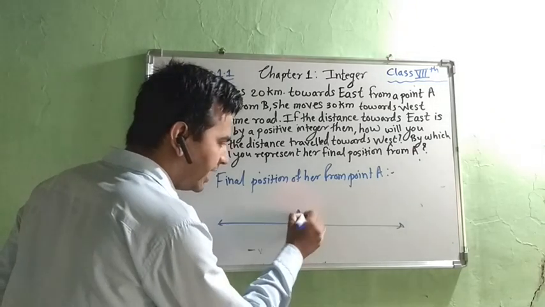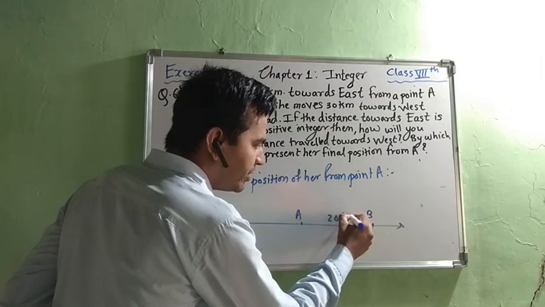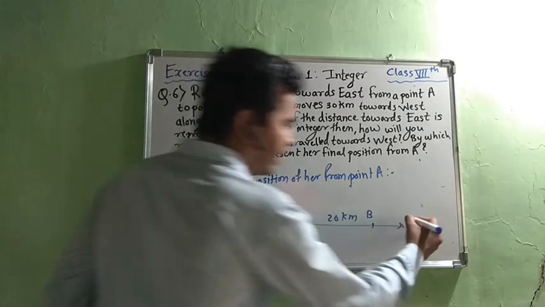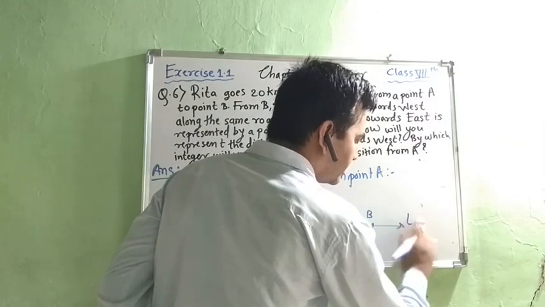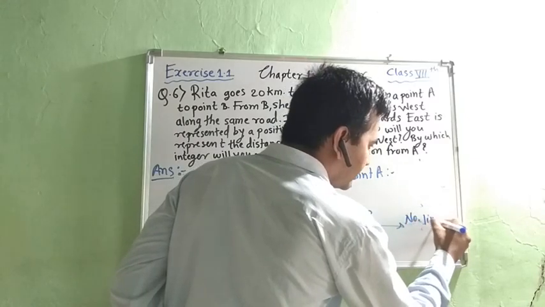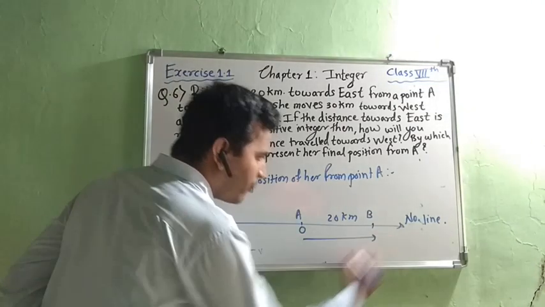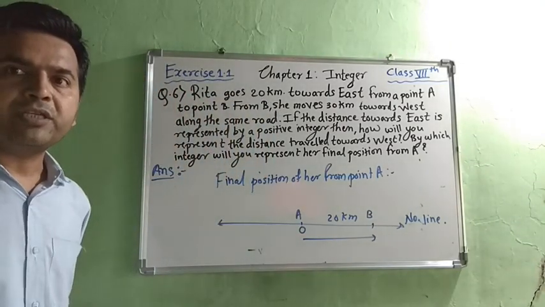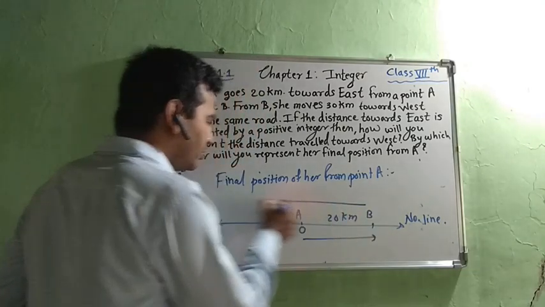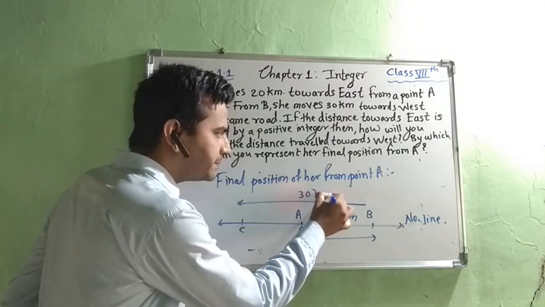This is the point A. From point A to point B it is 20 kilometers, and as we say it is the origin, and this is the number line. So on this number line from point A to point B the movement is 20 kilometers, and exactly from point B to point C there is a 30 kilometer movement.